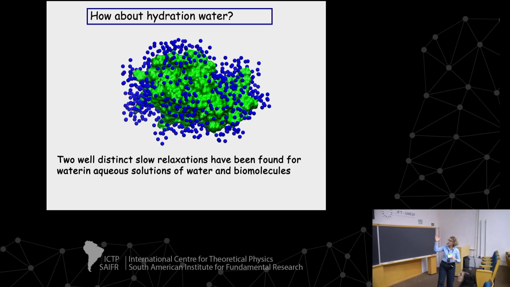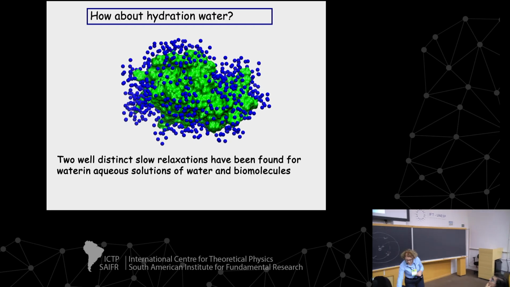So what about hydration water? We found out, as I was telling already in my seminar, that there are two distinct slow relaxations that we found for water in aqueous solutions of biomolecules.